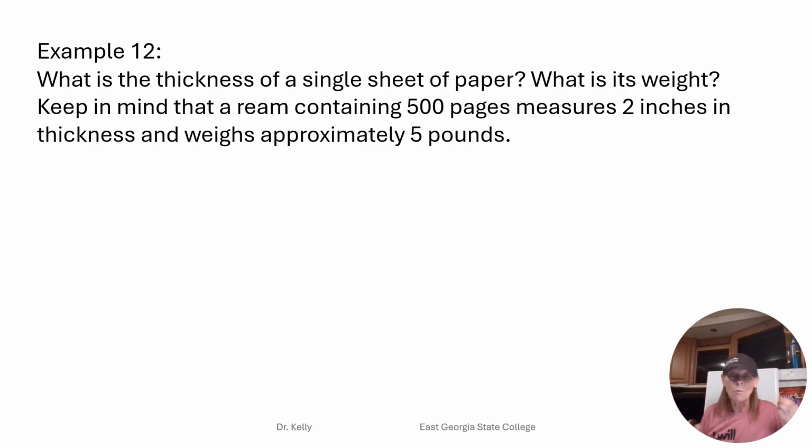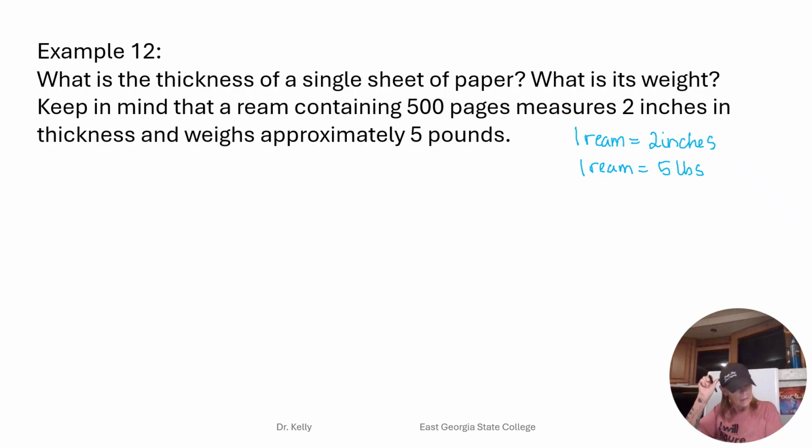So we need to figure out what the thickness is. What are we working with here? Well, we know that 1 ream equals 2 inches. And we know that 1 ream equals 5 pounds.